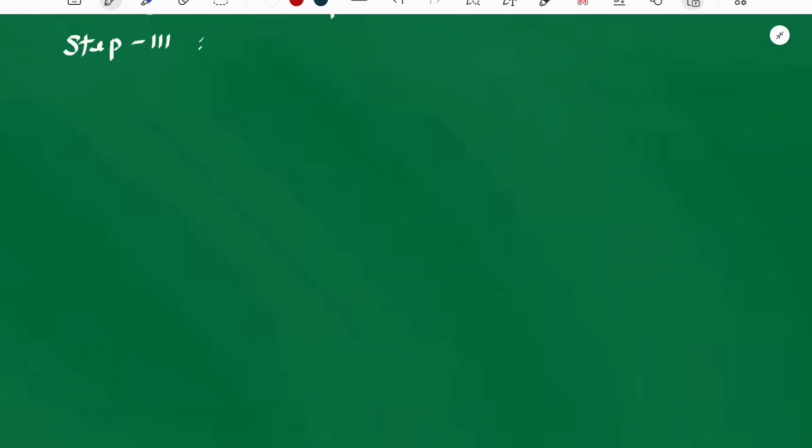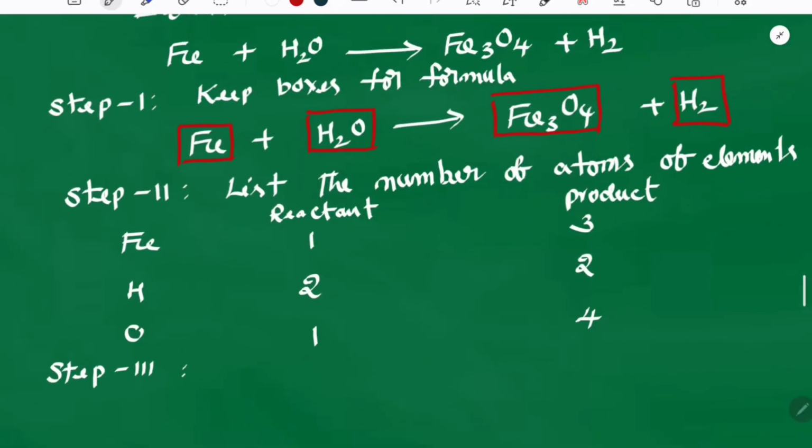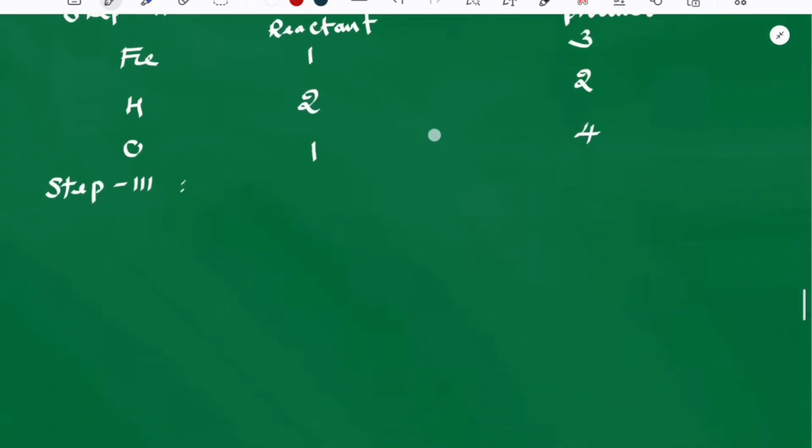Which atom has the maximum number? In the given equation, oxygen has more atoms. That's why we have to start with oxygen to balance this equation. So let's start.